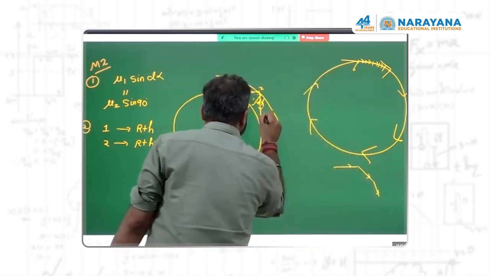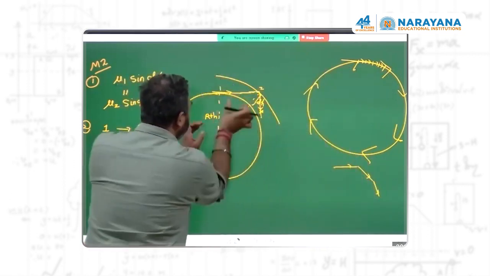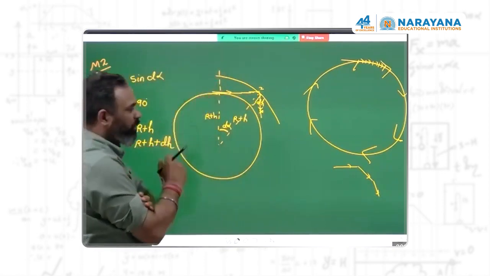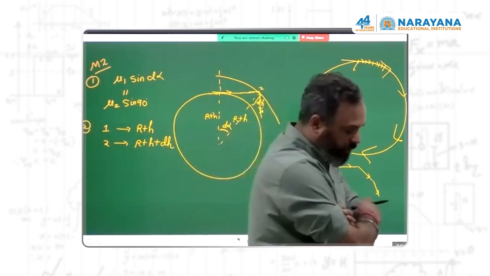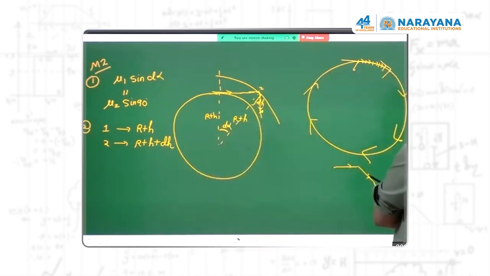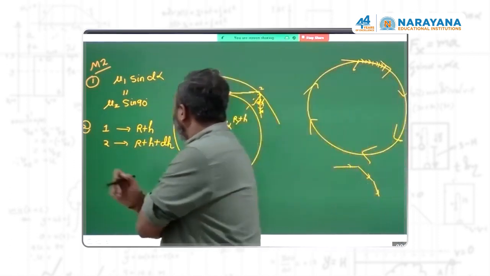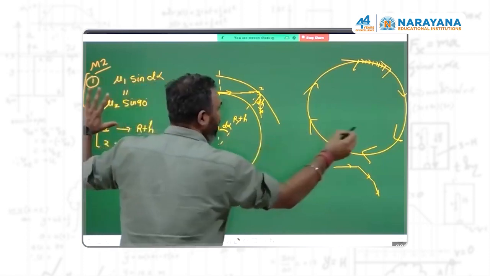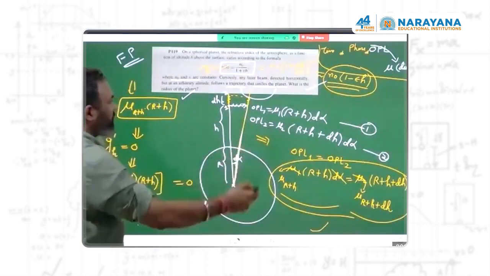Just try to understand that this analysis has been done for a small angle, and there the radius has changed by a small amount, which is DH in that context. Now, if you apply Snell's law at this location and use this condition, try to understand that this analysis and this equation are conceptually the same.